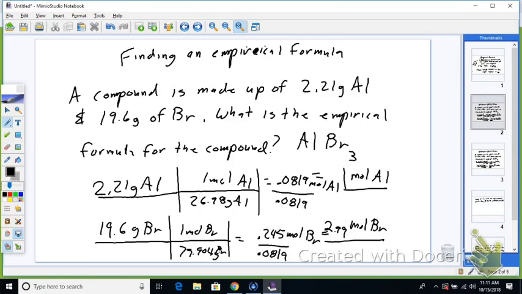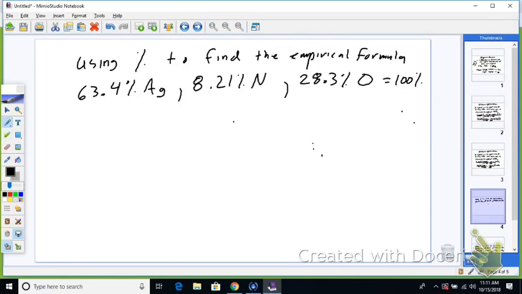They had to figure out copper and chlorine, and then how much water was present, in moles of each one of those. They went through and did that, and then had to figure out the formula based upon that. We'll do something similar, but we won't have water in it. We'll have just two elements that we're working with. If you want to write that down, that's the next problem we're going to do.